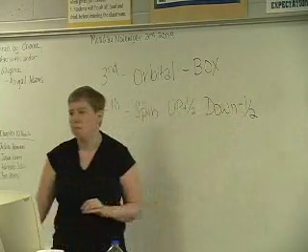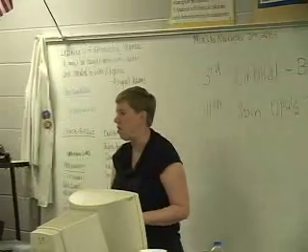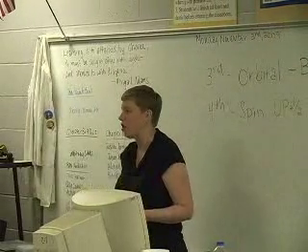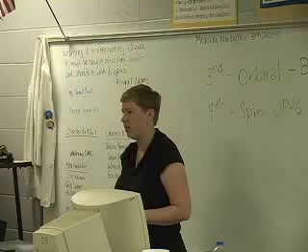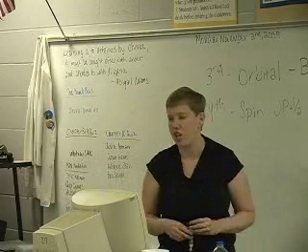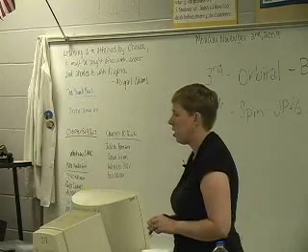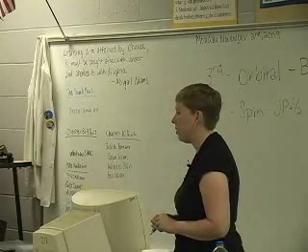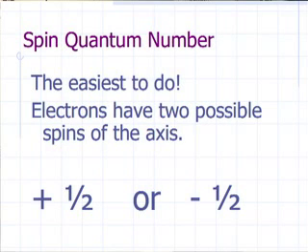So the fourth quantum number is really easy. It's what direction the arrows are going. There are 2 possible spins, an up spin and a down spin: positive 1/2, negative 1/2.